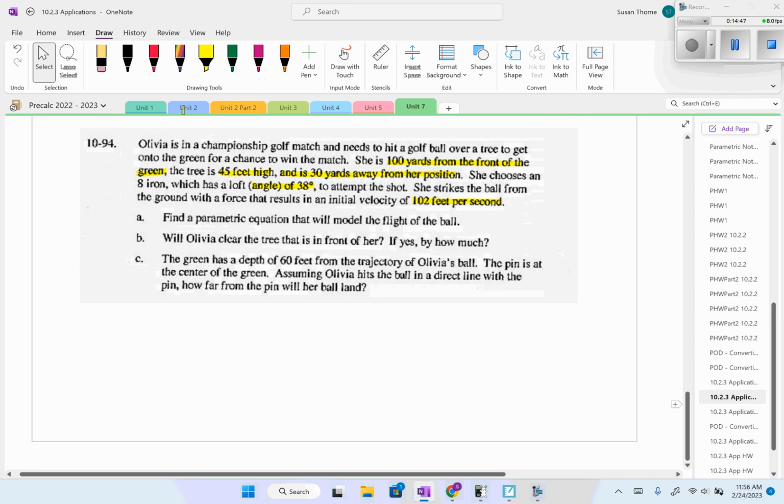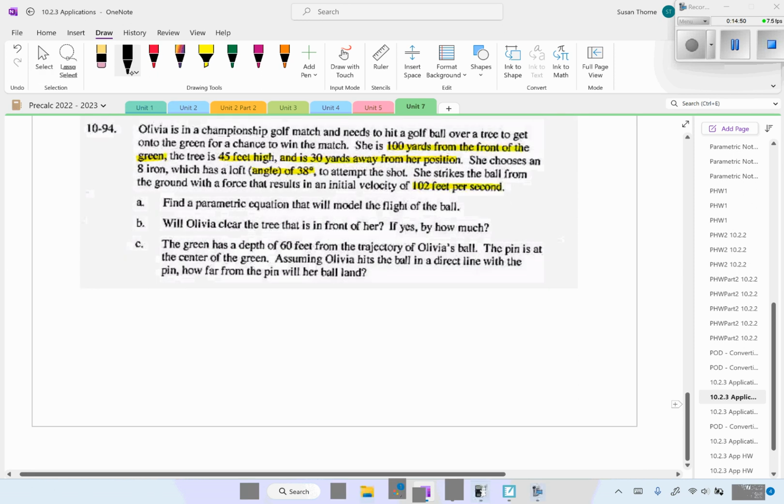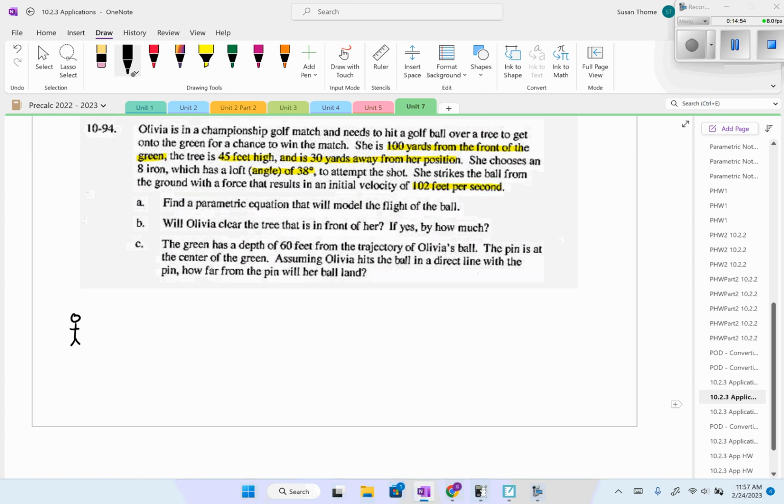So let's go ahead and actually draw a picture of this first, because it will help us visualize what we're trying to do here. So here's Olivia, and she's golfing. And 30 yards from her, there's this tree that is 45 feet tall. And that's, again, 30 yards from her.